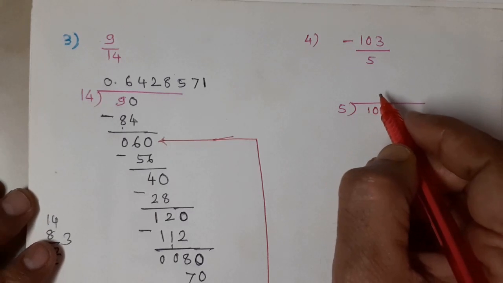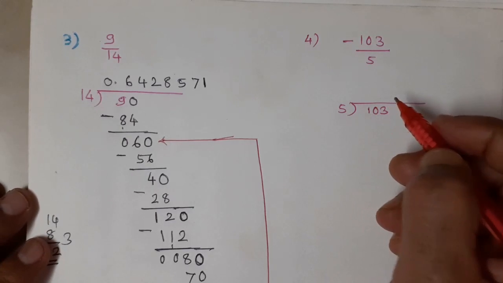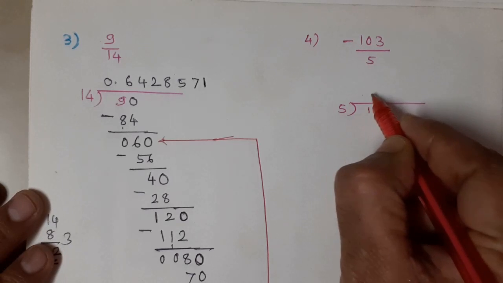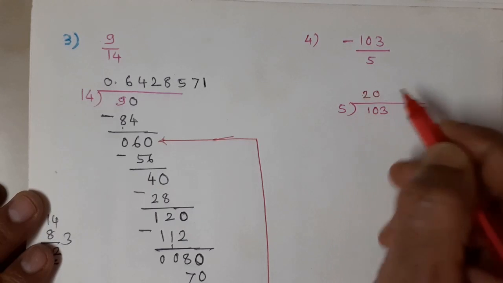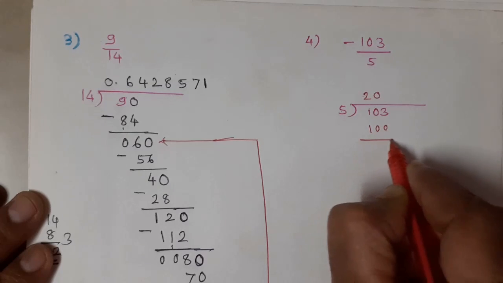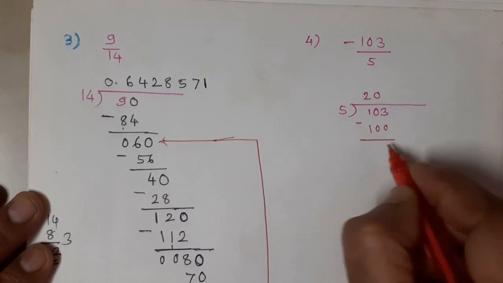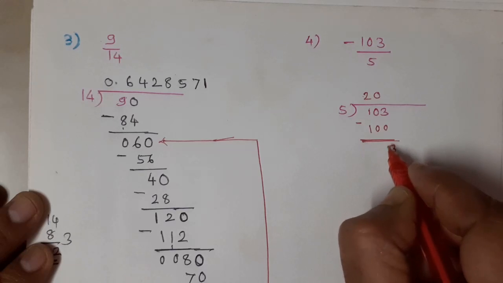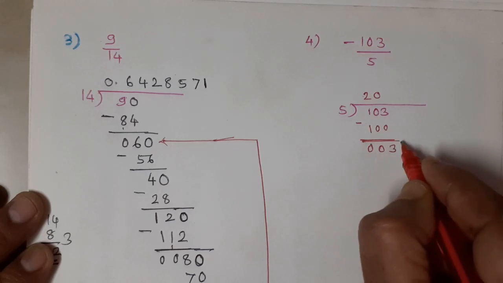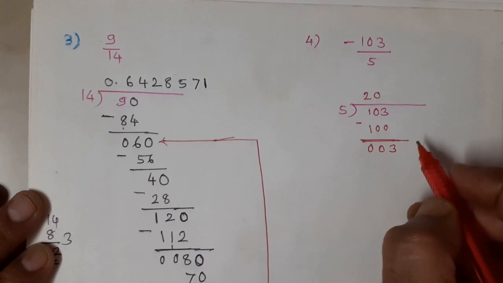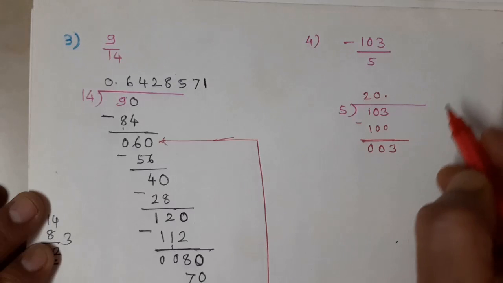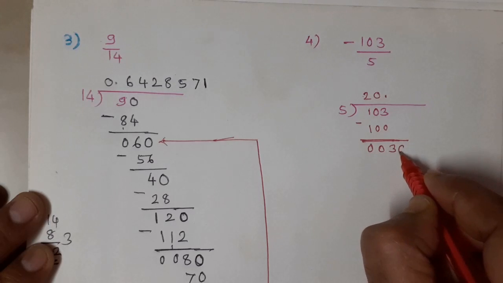If I am dividing it, I can directly take 25, 25 fives are 100. So this will become 3. 0 minus 0 is 0, 1 minus 1 is 0. So can we divide 3 by 5? No. That's why we have to take a decimal point over here, and I have to add a 0.